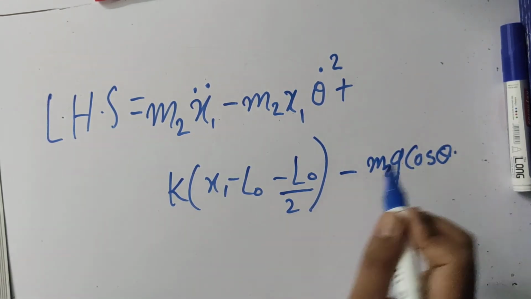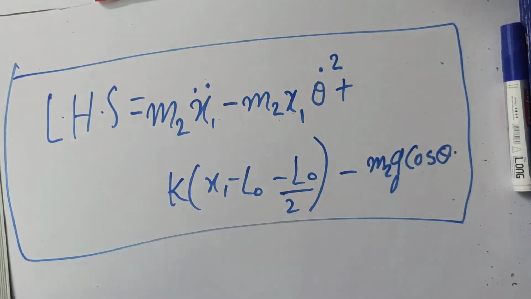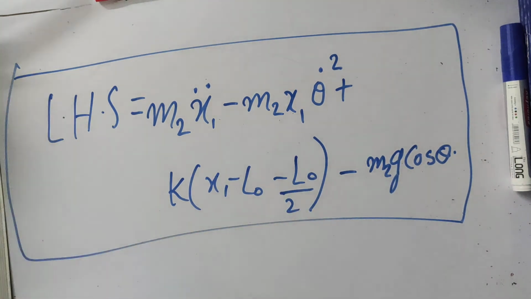Yeah, so this is basically our LHS. This full expression is our LHS, right? Remember this, note it down. I'm giving some time, and then we are beginning the computation of RHS.